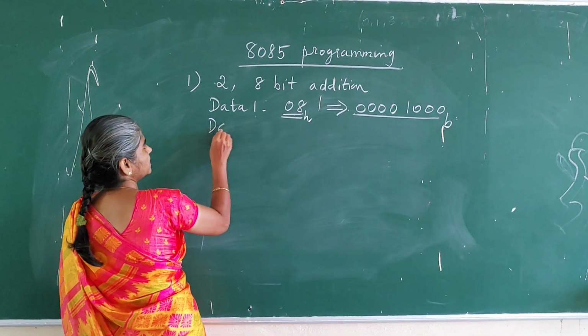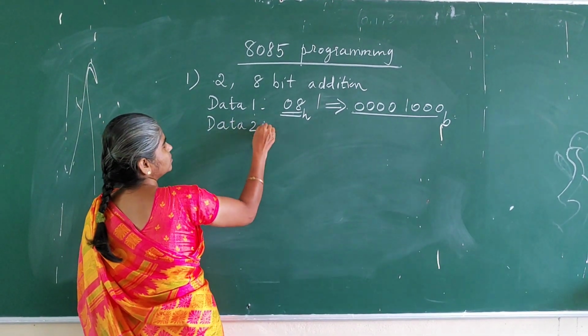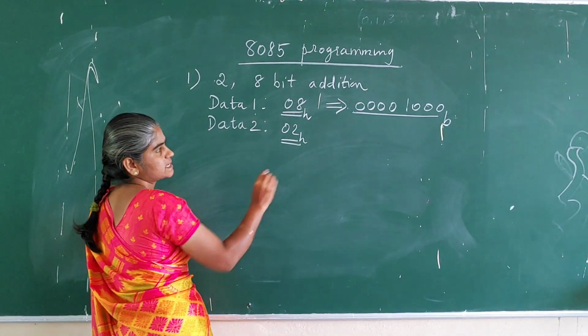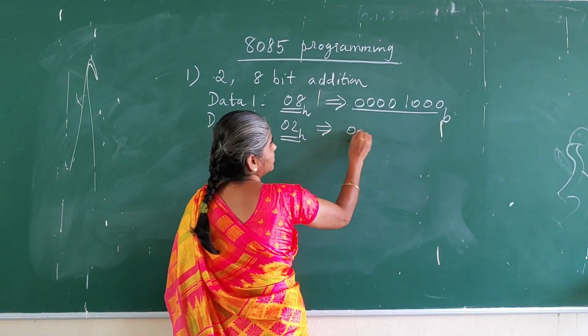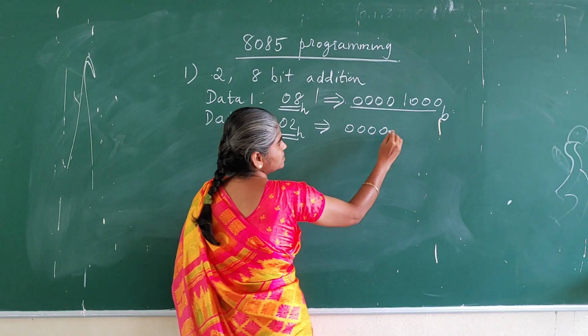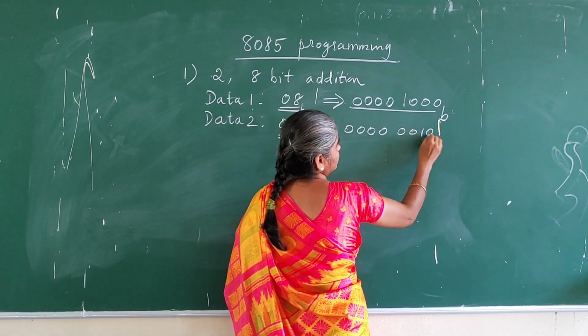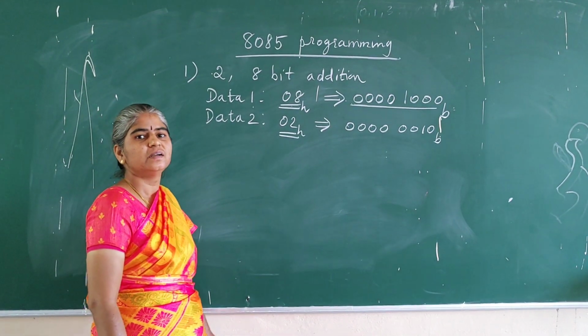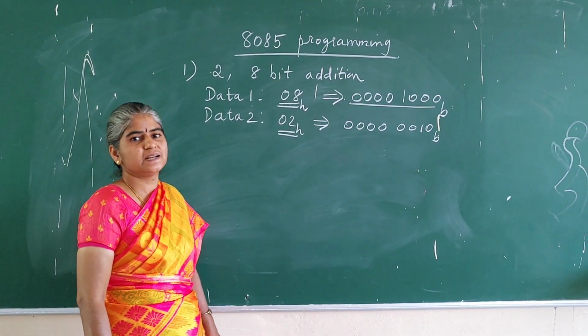Here I take another 8-bit value called 02H. 02 is a hexadecimal value and the corresponding binary value will be 0000 0010. Now these two data are taken by the processor for addition operation.